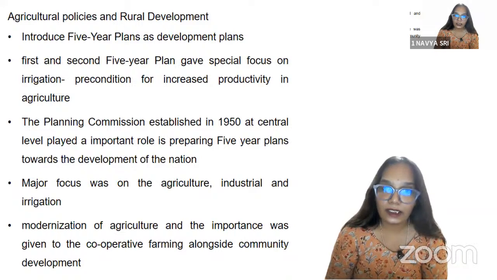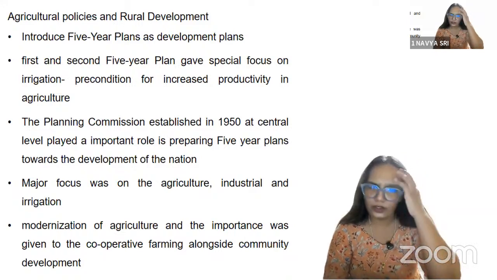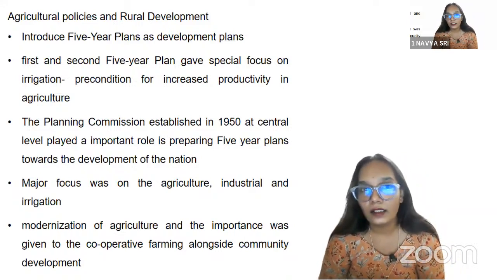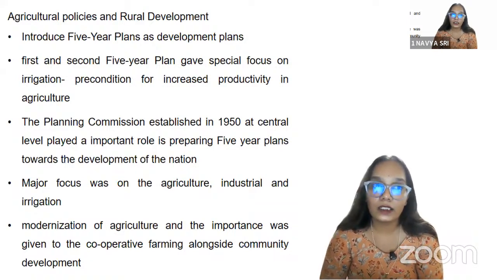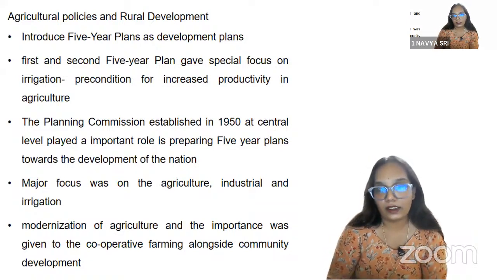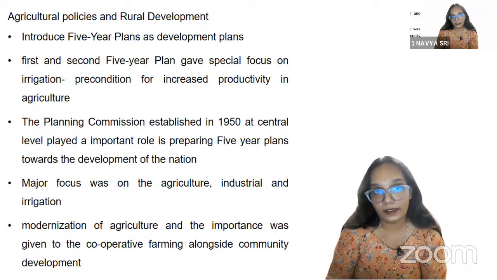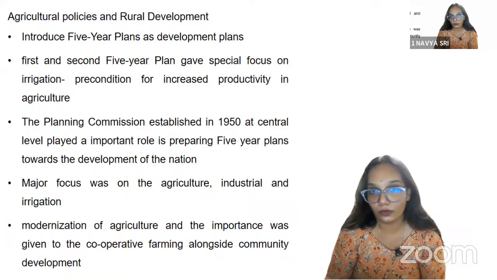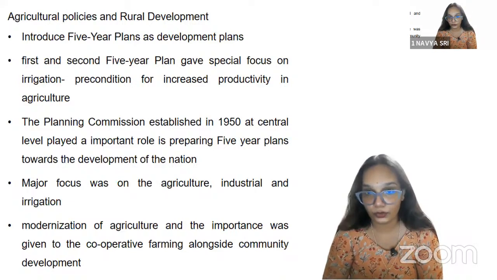It means inducing modern technologies and modern machinery so that the time taken, the manpower needed, or the expenses could be cut down a little and the focus could be on the produce.